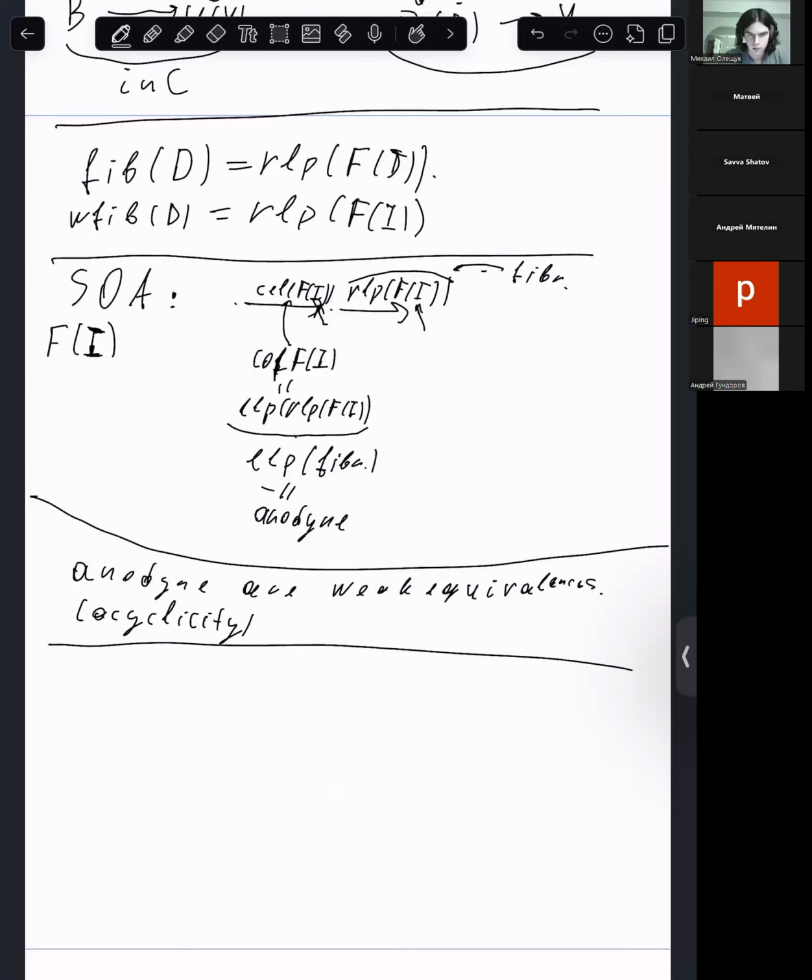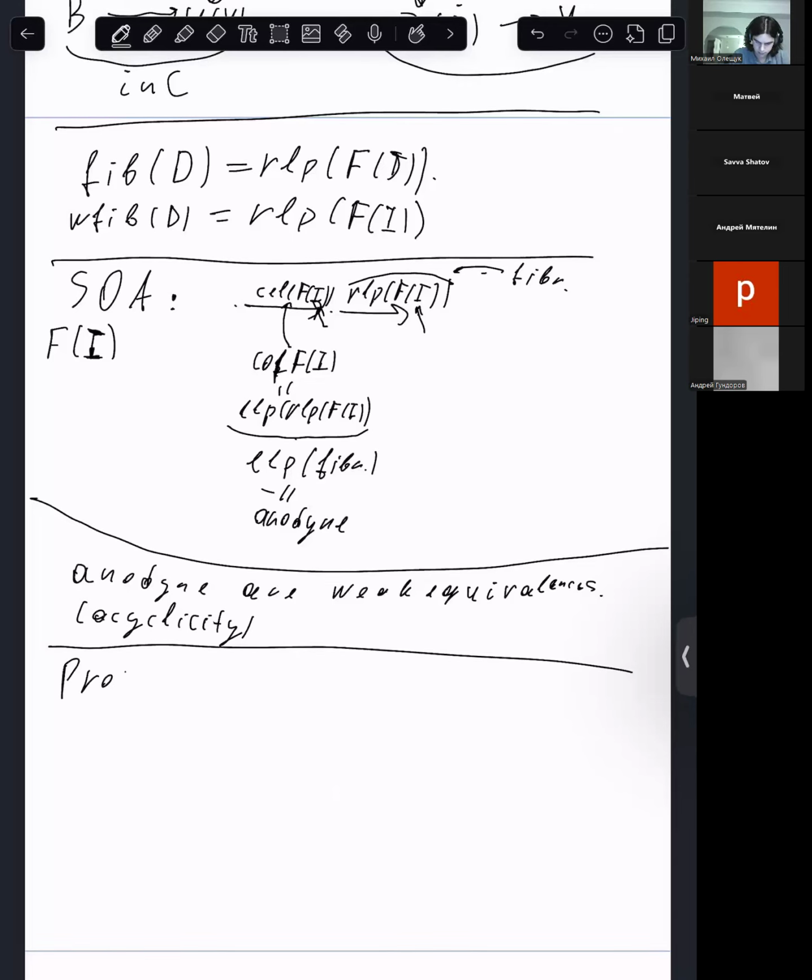Proposition. Again, we are in the situation of homogeneous functors F and U, which are adjoint.